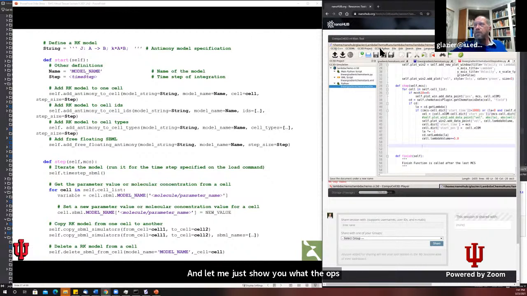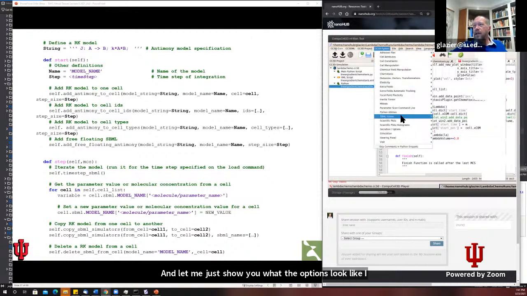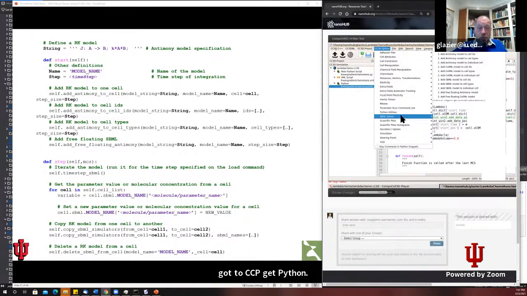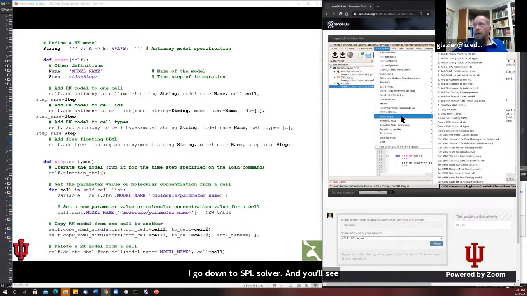I go up to CC3D Python, I go down to SBML solver, and you'll see there are a lot of options. There's model initial data, there's add antimony model to cell, and then there are a bunch of options. You can add it to cells of a particular ID. You can add it to all cells of a given type. You can add it just to one cell, whatever that cell is.